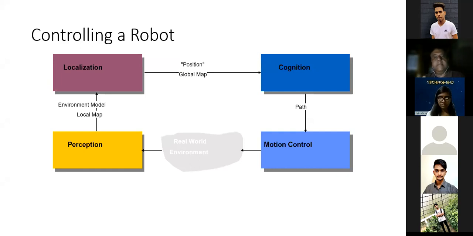And then you have to precisely control those motors by that amount. Or if it is a different type of robot, it is still the same. Whatever the motion control method, you will have to do it. Right? So once the motion control is executed, the robot will move in the environment to a different place. So it will slightly move in the environment.